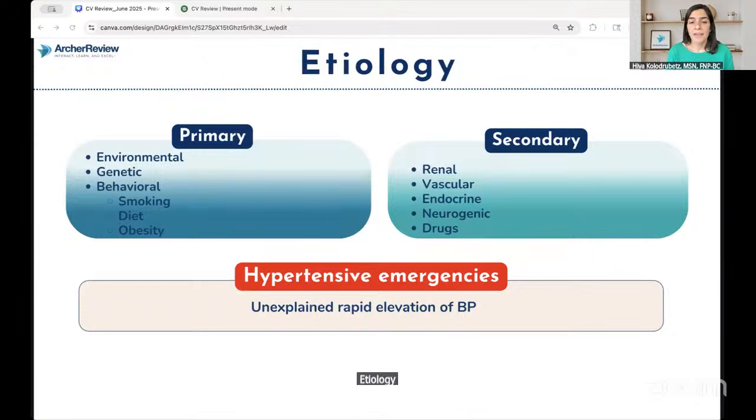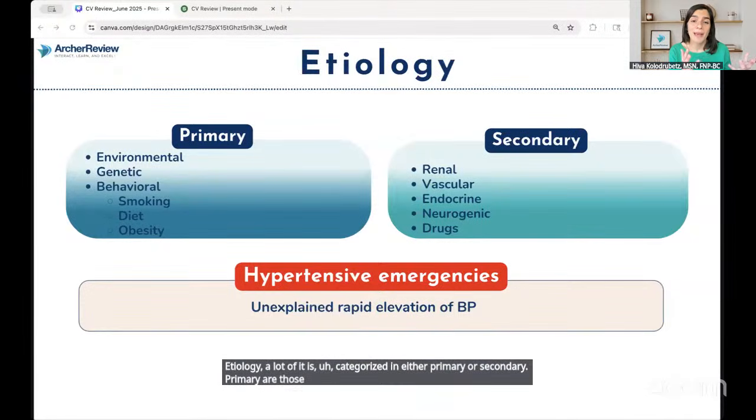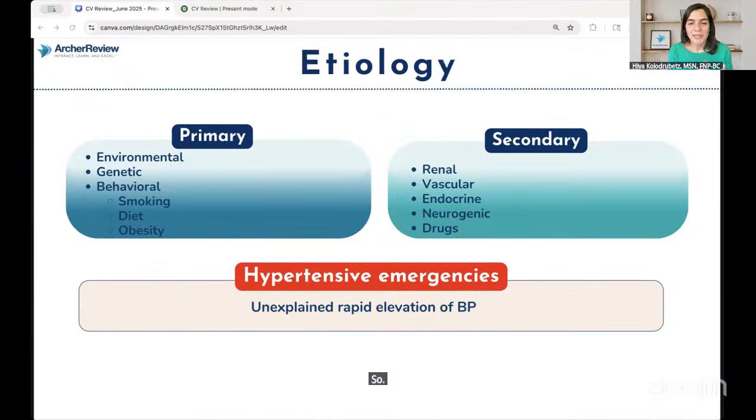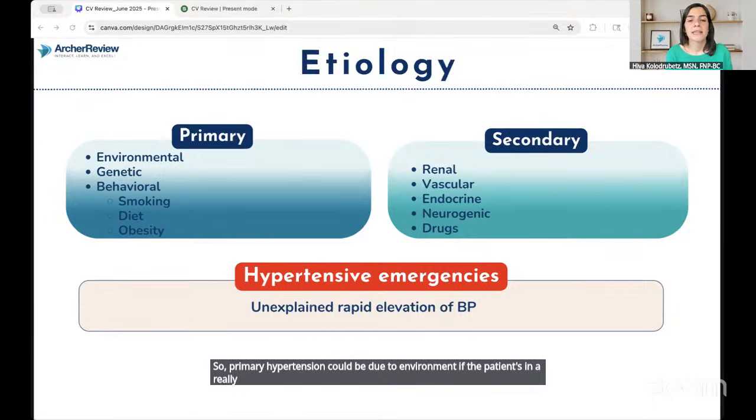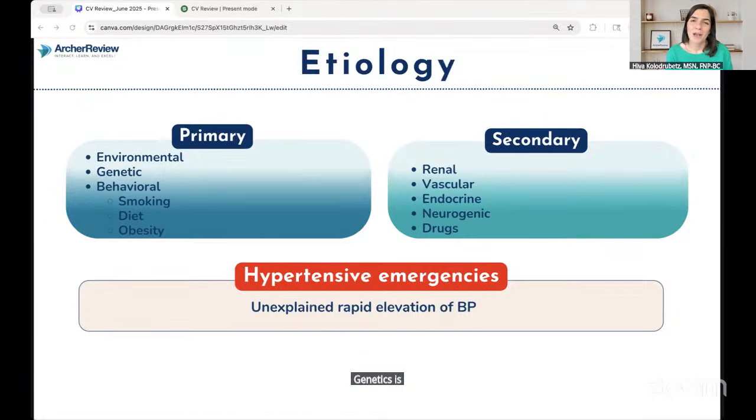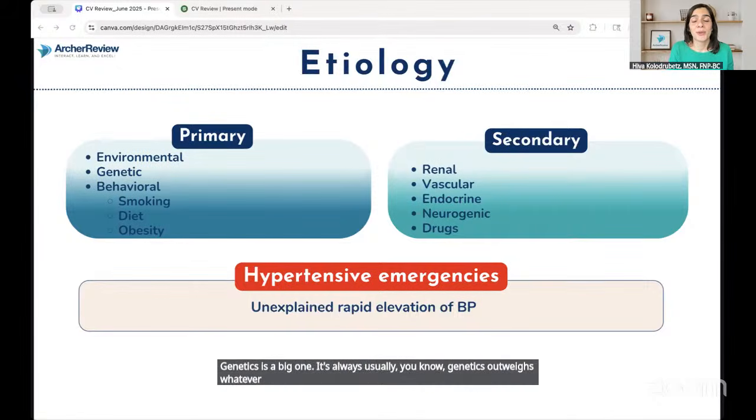Etiology, a lot of it is categorized in either primary or secondary. Primary are those non-modifiable risk factors. It includes both. So primary hypertension could be due to environment if the patient's in a really stressful environment. Genetics is a big one. Usually, genetics outweighs whatever you're doing in terms of lifestyle.